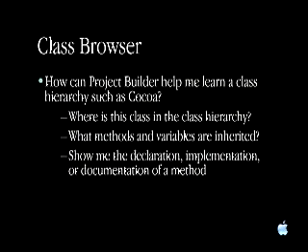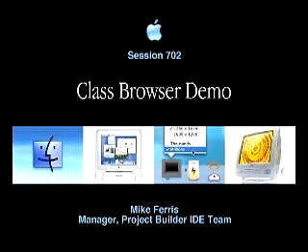Cocoa is a very big framework that's new to a lot of people. It's really not hard to learn Objective-C, the language, but learning the frameworks is always the hard part. What can we do to help you there? That's what a class browser can help with. For example, where is this class in the hierarchy, what's inherited, etc. Let's see a demo.